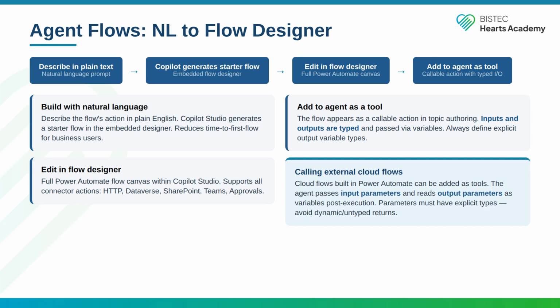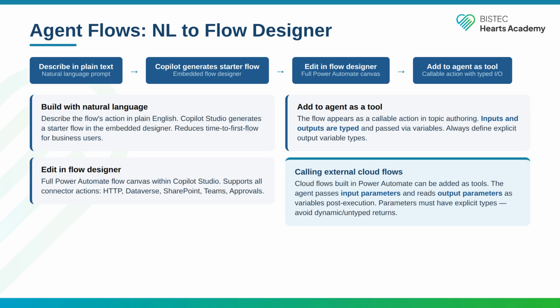The critical governance rule for all flow tools, whether built as agent flows or added from the main Power Automate portal, is that every input and output parameter must have an explicitly declared type. A flow that returns an untyped or generic JSON object forces the topic to parse a raw string. This is fragile.